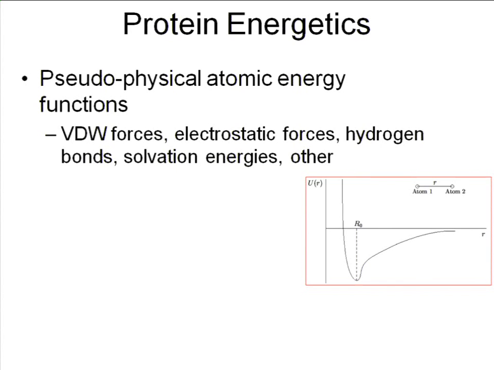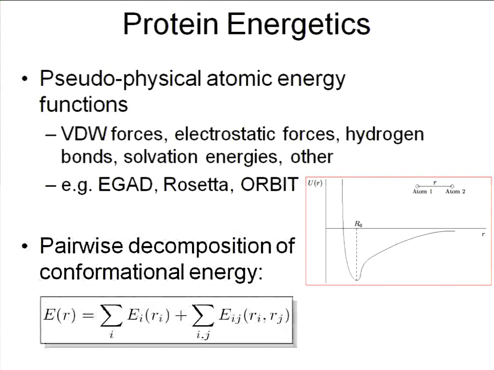One is usually some sort of physical atomic energy function: van der Waals forces, electrostatic interactions, solvation energies. In addition, people have culled statistical or empirical potentials from the PDB, the protein data bank again, and combined those into modern-day energy functions. Some of the well-known ones, and ones I've used in the research I'm going to show here, include EGAD, Rosetta, and Orbit.